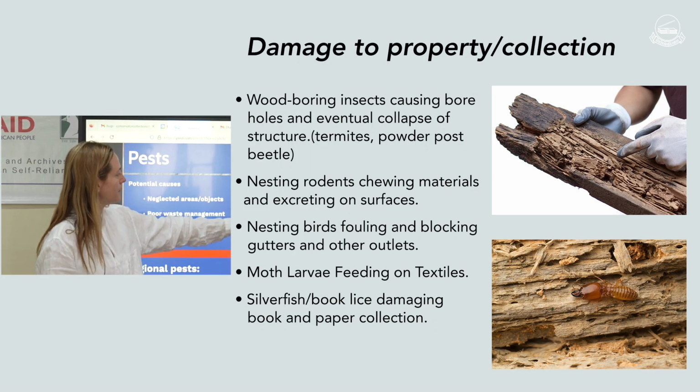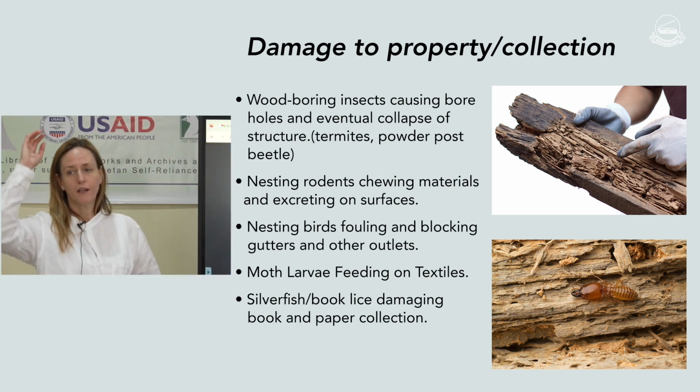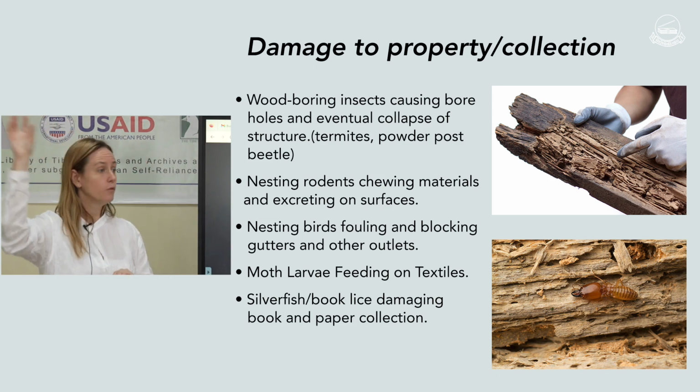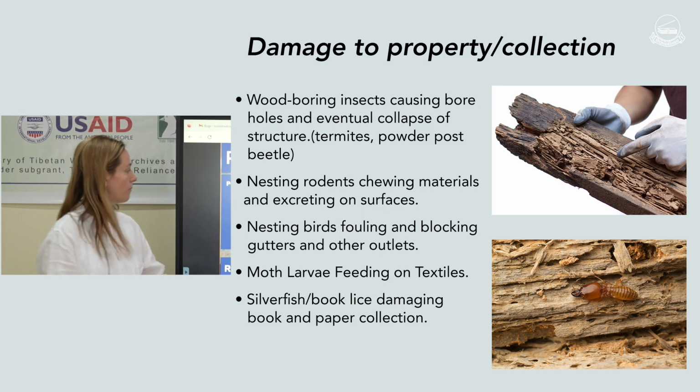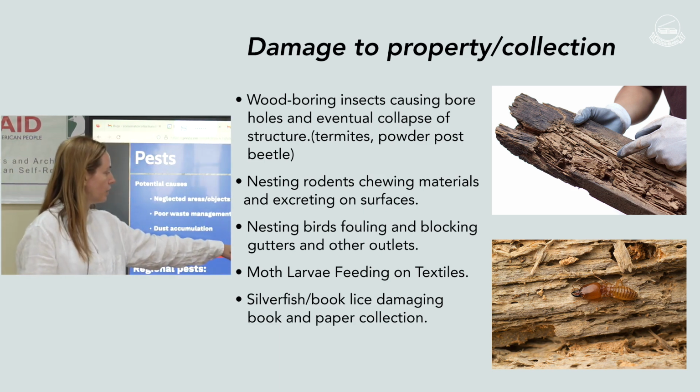So damage to property and or collection, wood-boring insects. We've had problems with insects eating the entire roof frames, so that can cause a problem, or even particular objects, so the structure can fall apart.